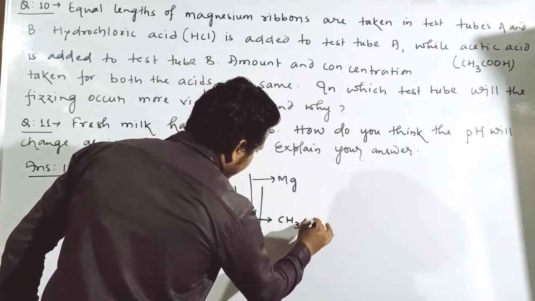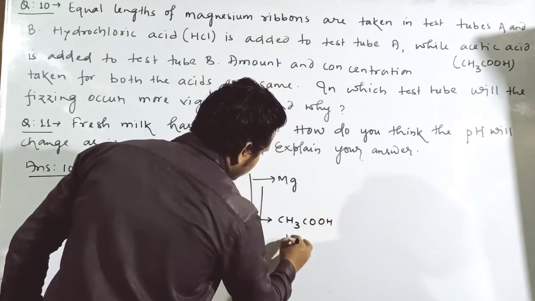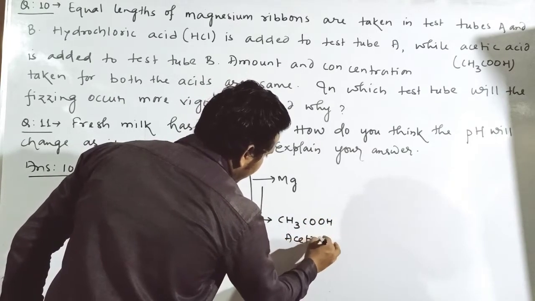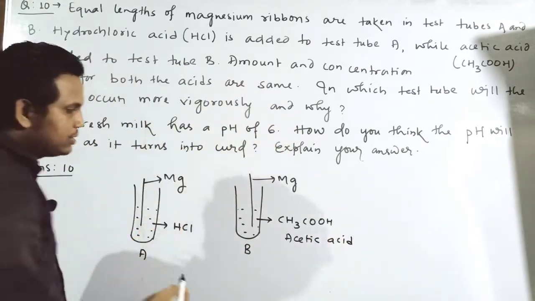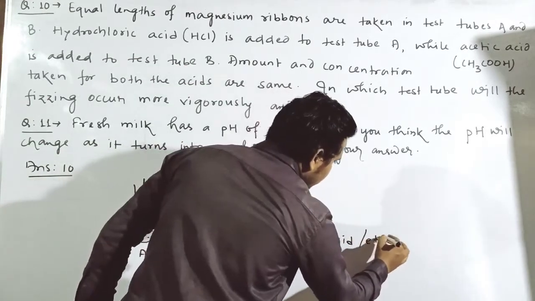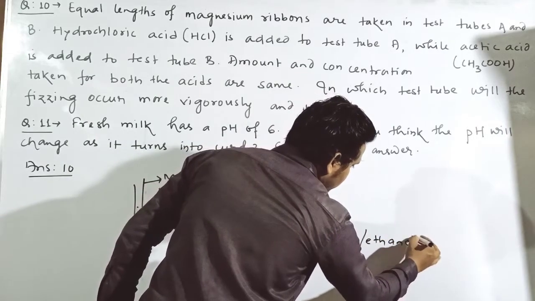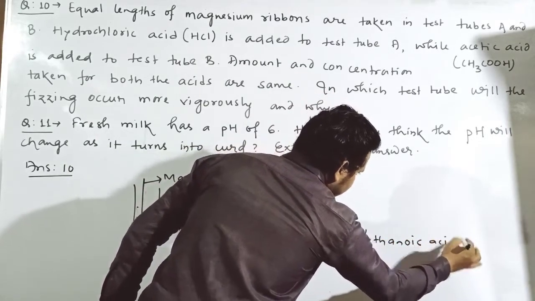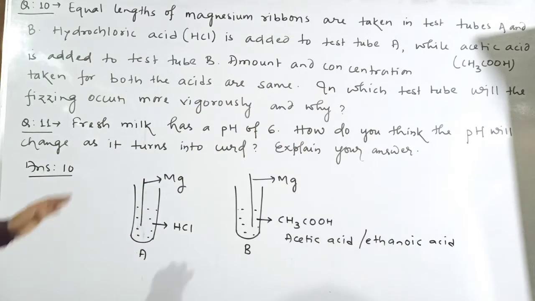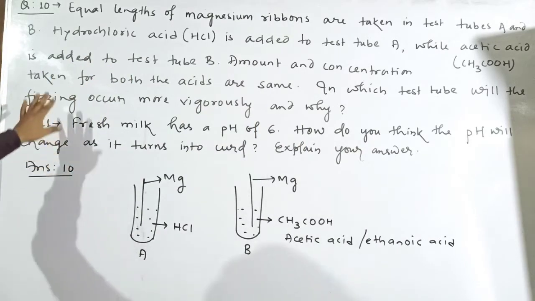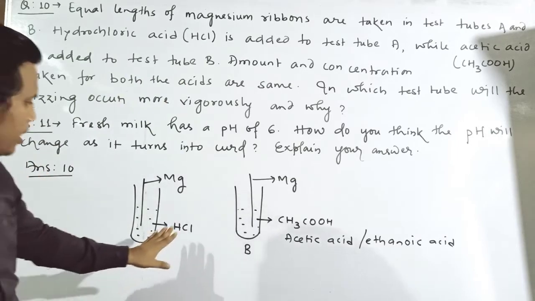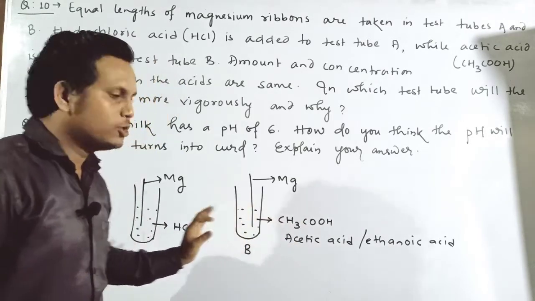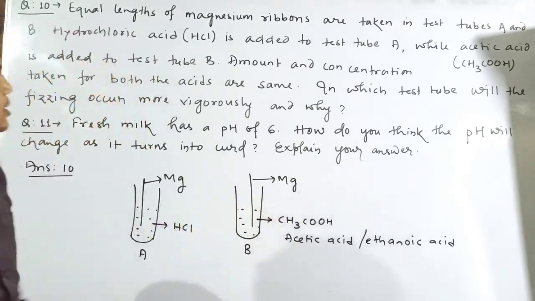Acetic acid has the formula CH3COOH. Acetic acid or ethanoic acid is also one of the names of this. The amount and concentration taken for both the acids are the same.